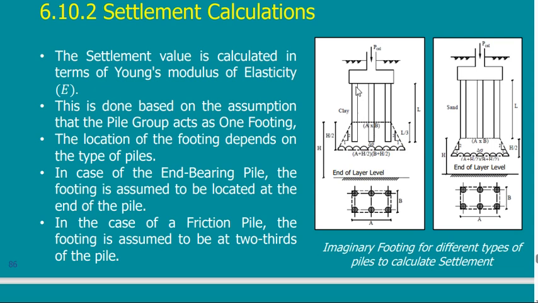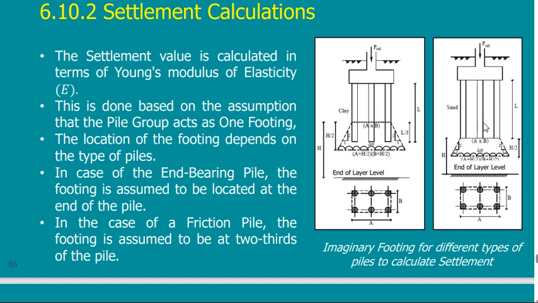If I have piles that are mainly friction, like piles in clay, I will put the imaginary footing at the bottom third of the length of the pile. So this will be the place where I put my footing here, and this will be the place where I put my footing here.